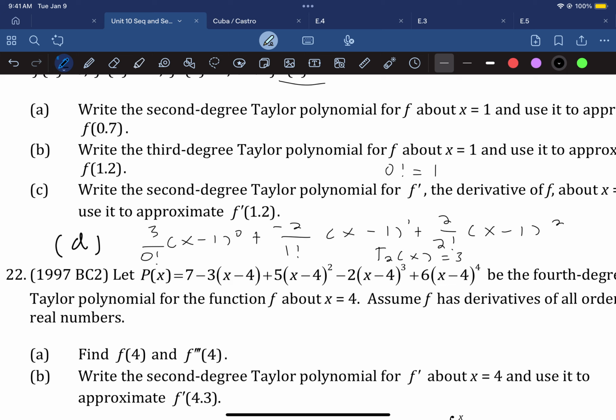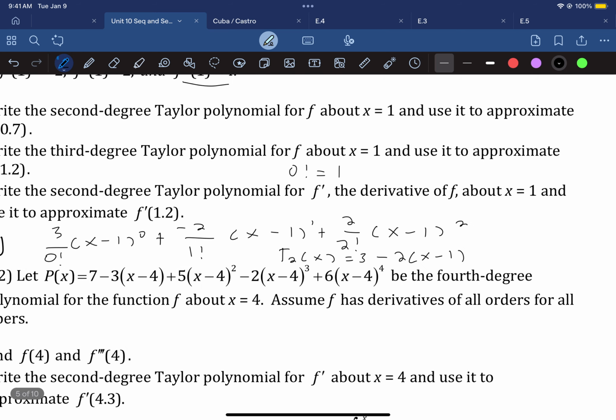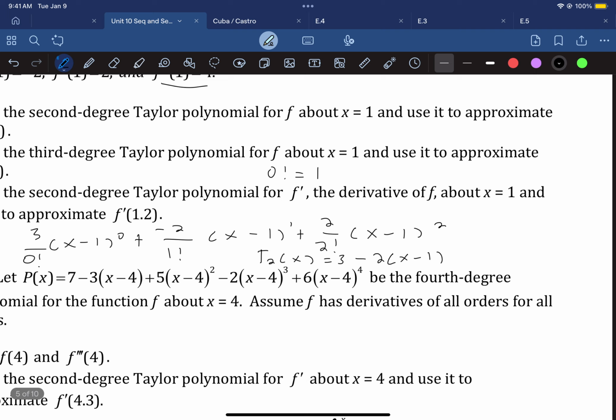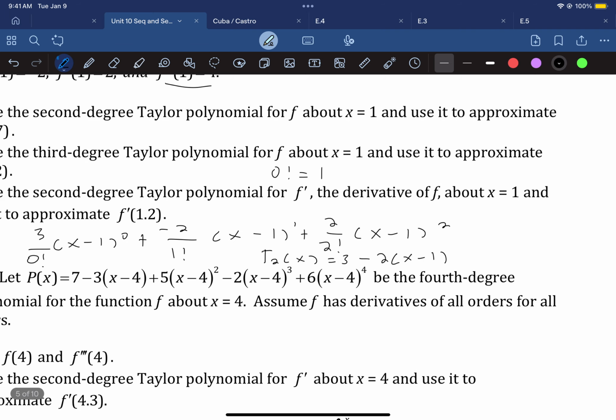And next, we have negative 2 over 1 factorial, which simplifies to negative 2 times x minus 1. And then we have plus 2 over 2 factorial times x minus 1 to the power of 2. So this is simply 2 over 2 times 1, so that 2 cancels out and this is all canceled out. And then we can just say it's plus x minus 1 to the power of 2.